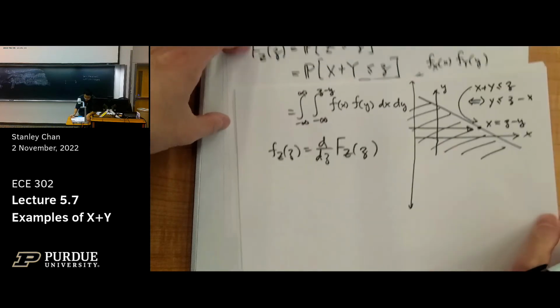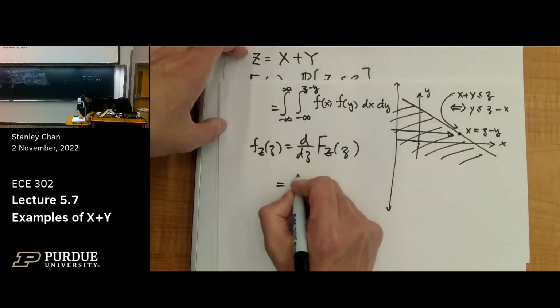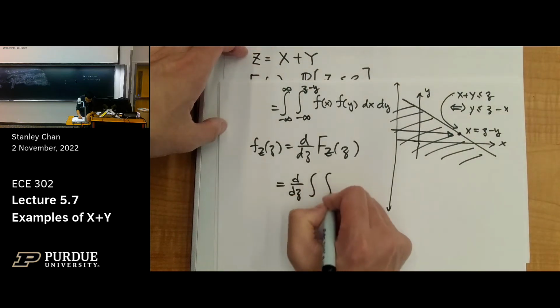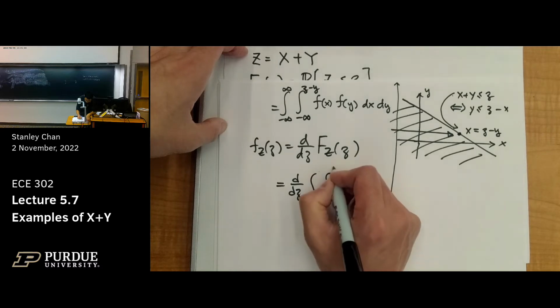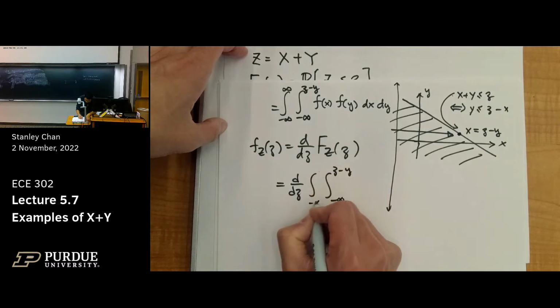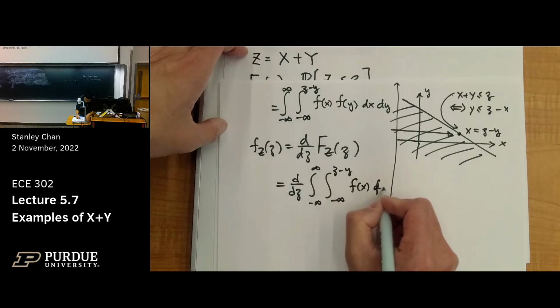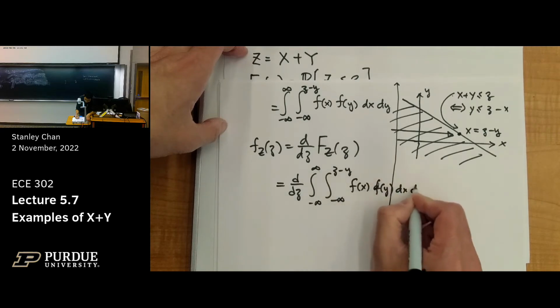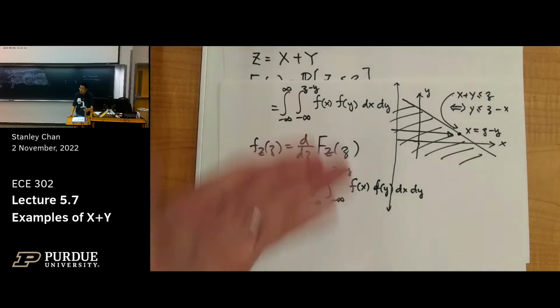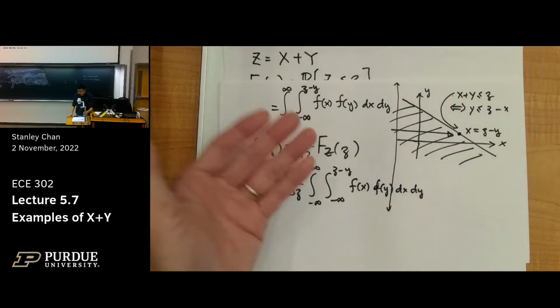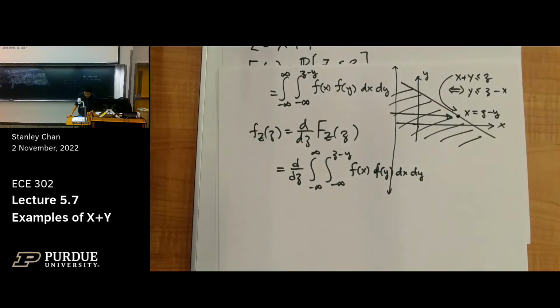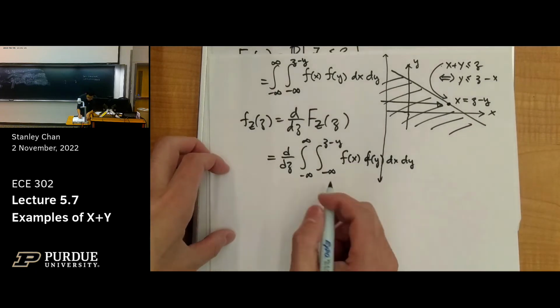And this FZ of z is just a double integral from minus infinity to z minus y, and then from minus infinity to infinity, of fx, fy, dx, and dy. Just plug in the definition of your FZ to here. This is still true for any fx and any fy. Still a good thing, right? Generic. So let's move on.